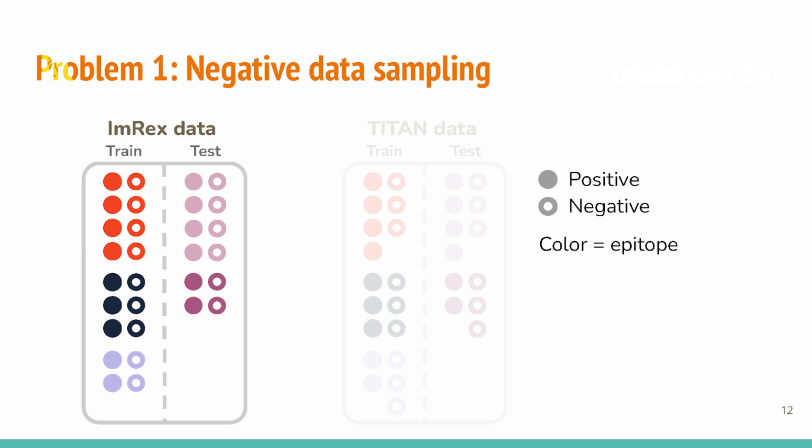So that is what we did both in train and test data. The different colors are different samples for the same epitope or for different epitopes.